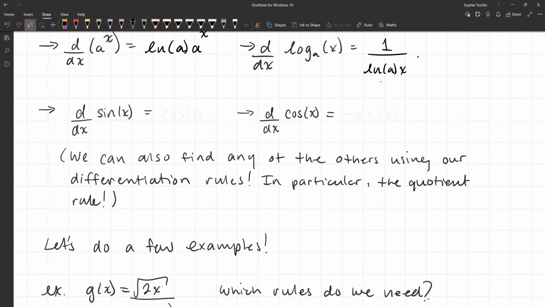The two probably simplest trigonometric derivatives: the derivative of sine x is cosine of x, and the derivative of cosine of x is minus sine x. Let's say you try to differentiate negative sine again.